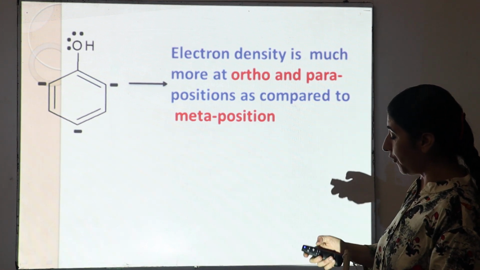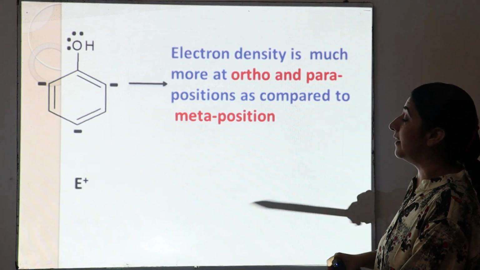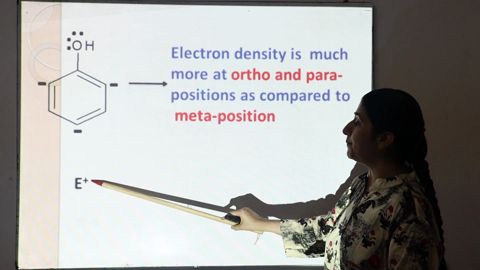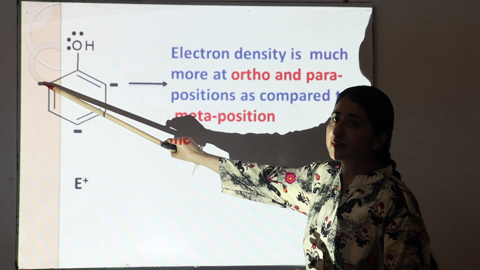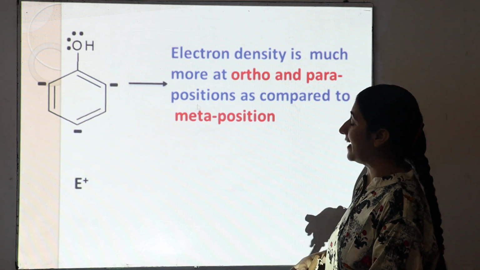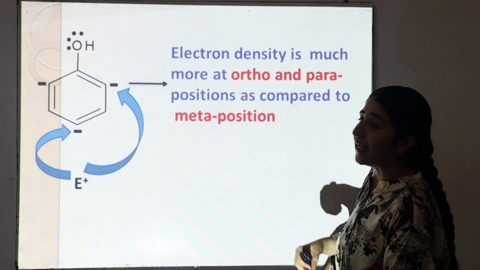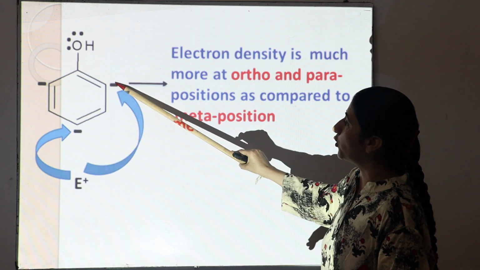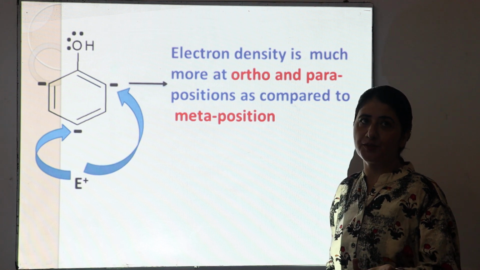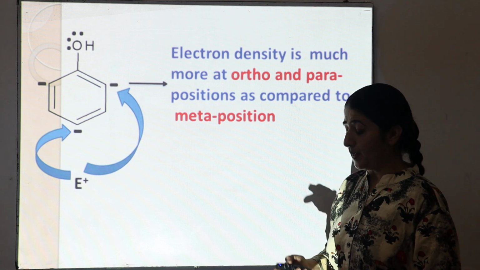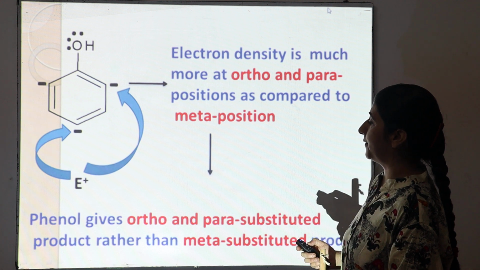The electrophile is a positively charged species, which means it is an electron-deficient species. Due to the presence of negative charge at the ortho and para positions, the electrophile has a high tendency to attack these sites. Hence we get ortho and para substituted products rather than the meta substituted product.